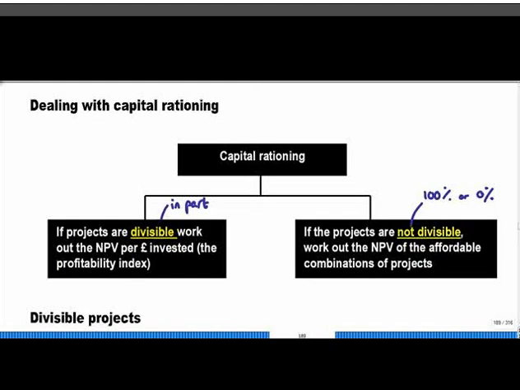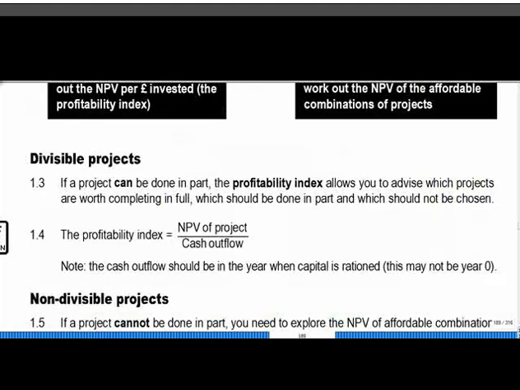If they say that a project is divisible, it means that the project can be done in part. And that means that you've got control over every pound that you spend. So you can look at all the projects that you're considering and rank them by taking the NPV that they deliver for every pound spent. This is called the Profitability Index, and you do need to learn this definition.